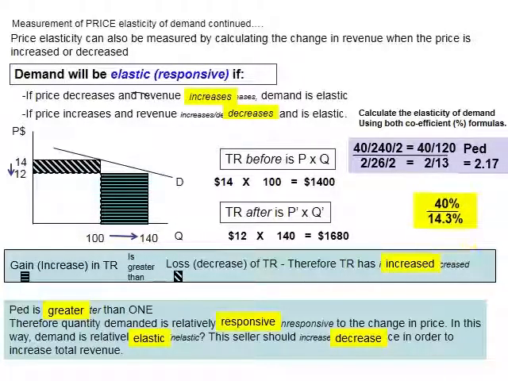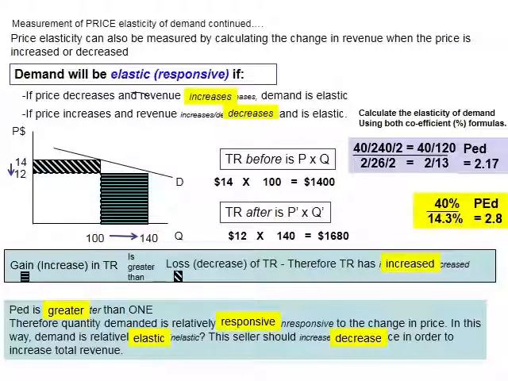When we calculate the price elasticity, we can see quantity is increased by 40%, and price has decreased by 14.3%. So we get a coefficient of 2.8.